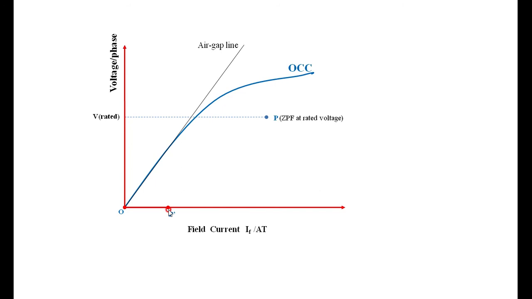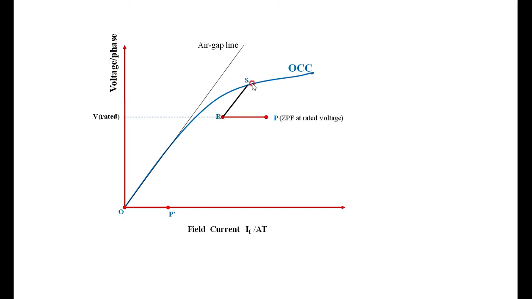I know the point P, I know the point P dash. Then the construction is very simple. You have to draw a vector from the point P, equivalent to OP dash. That is, I have to draw RP that is equal to OP dash. Then from the point R, you have to draw a line parallel to the air gap line.